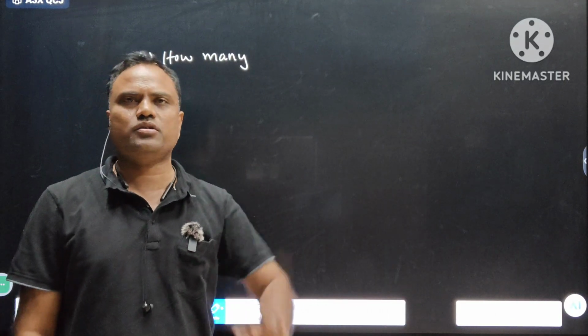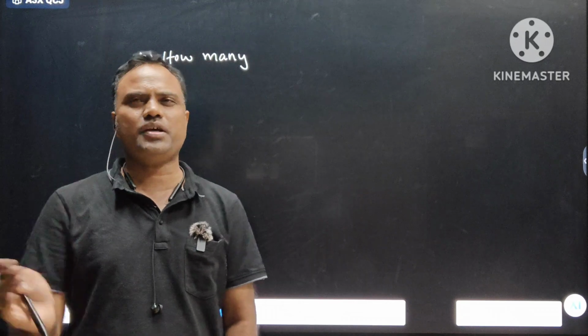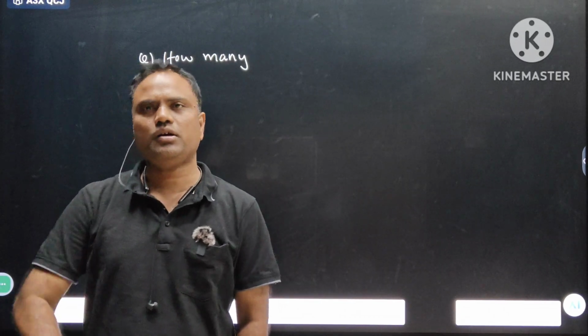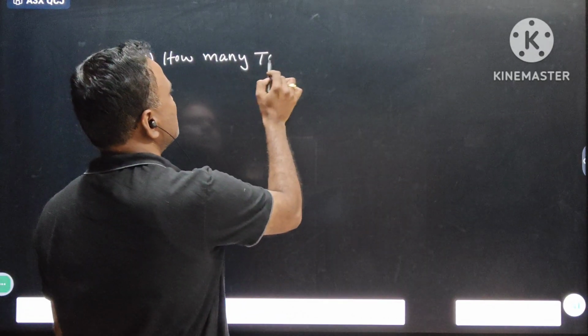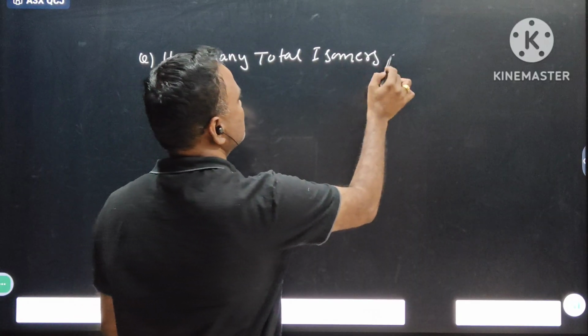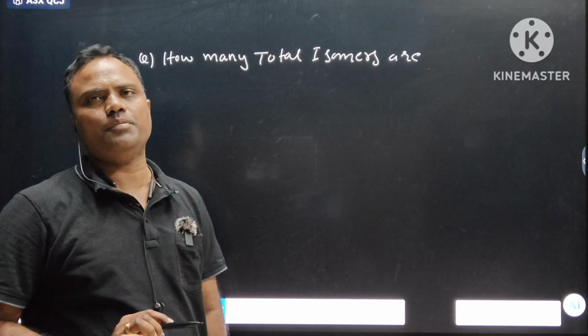Total isomers, right? Total means including optical also. Optical means again we have to eliminate that structural. Let us do directly. How many total isomers are produced? Total isomers means you have to consider optical also.